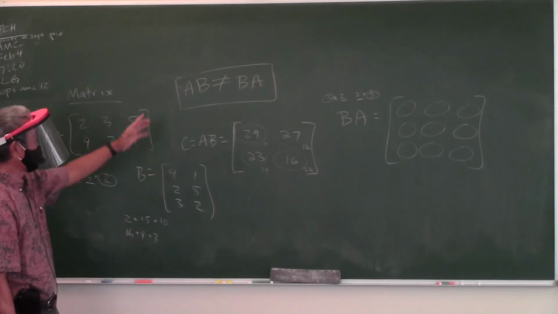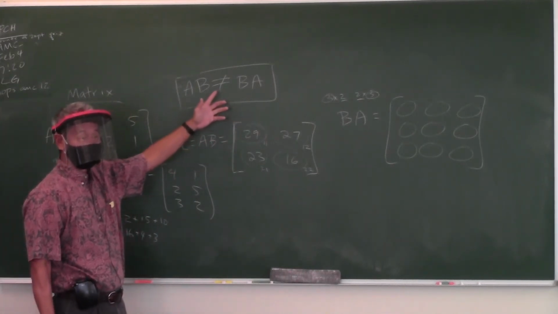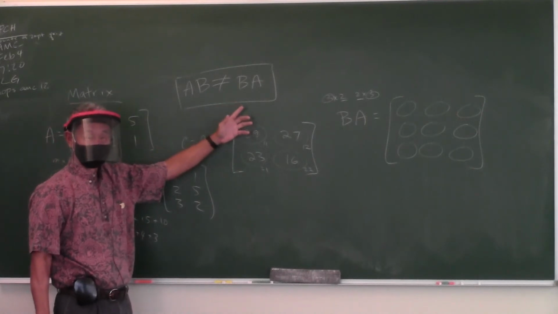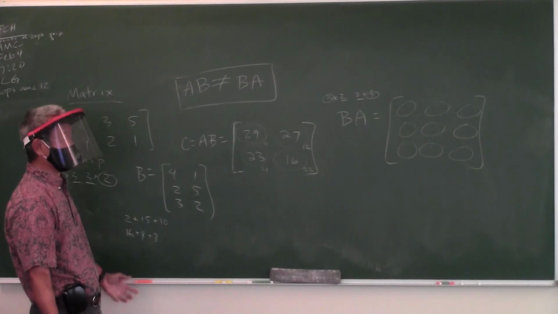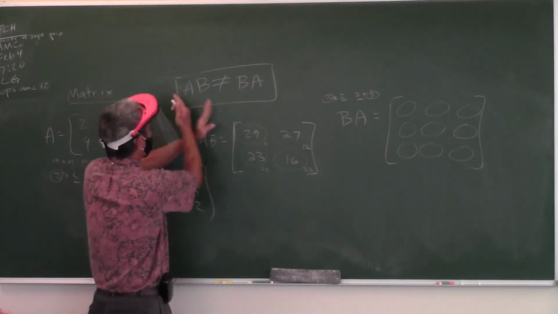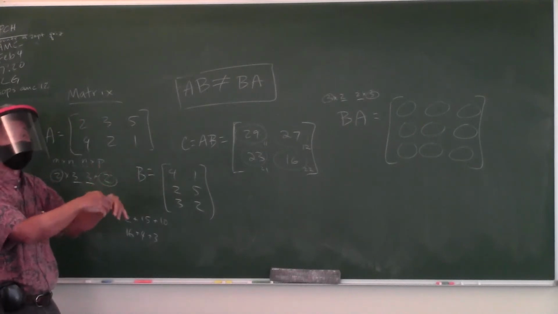But in general, this doesn't work. In fact, if you do this on the test or a quiz, this is what we call a fatal error. Every year, students say they understand it, but you cannot switch the order. If you switch the order of the matrices, it changes it.